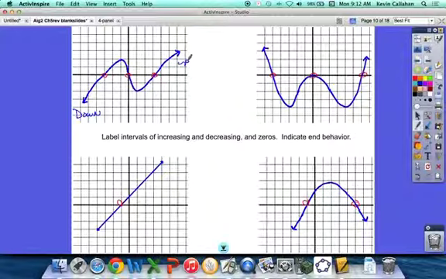And this one was, on the left it is up and up. And this one is down and up. Right? That's another one, should be an easy one for you. This one is down and down.